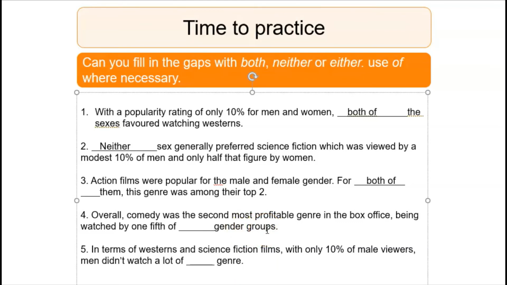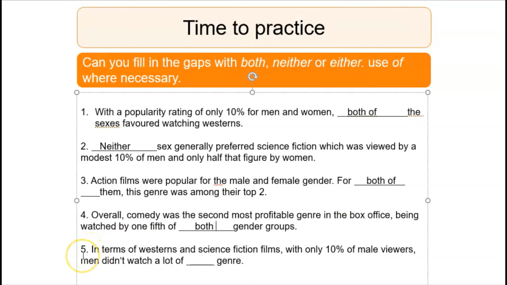So what we're saying here is that comedy was popular for both men and women. Being watched by 1/5 of both gender groups. All right. You can also say both of the gender groups, but it's not necessary.